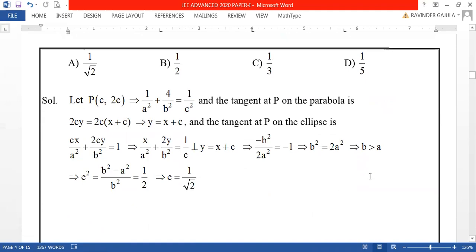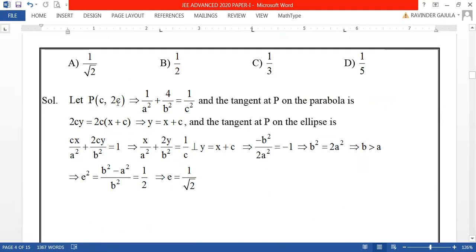See, I have taken one end of the latus rectum. Generally for y square equal to 4ax, it is a comma 2a. But here the parabola is given as y square equal to 4cx, so one end of the latus rectum can be taken as c comma 2c.